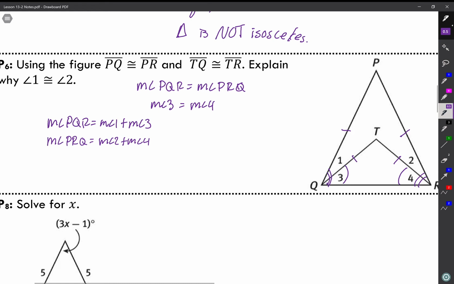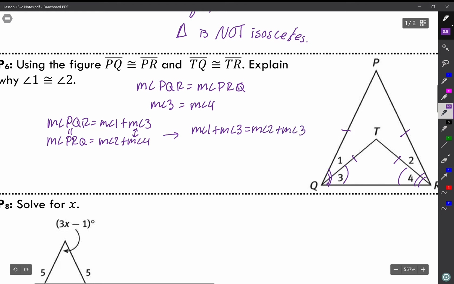Okay, so I know that these two are equal, and I also know that 3 and 4 are equal. So I'm going to plug in the measure of angle 3 for the measure of angle 4, and I'm also going to set these two equal to each other. So I've got the measure of angle 1 plus the measure of angle 3 equals the measure of angle 2 plus the measure of angle 3.